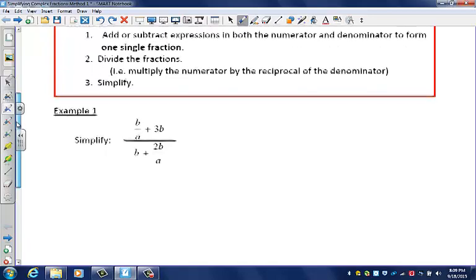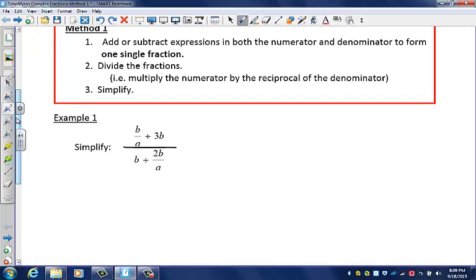In the numerator, we need to add these two terms by getting a common denominator and turning them into one single fraction. I can think of that 3b as being over 1. So I've got two fractions with denominators of a and 1, and the least common denominator is a. I'll create two equivalent fractions with a common denominator of a.